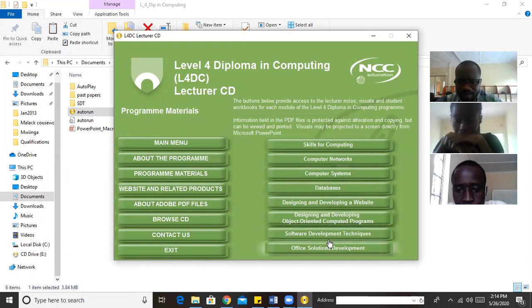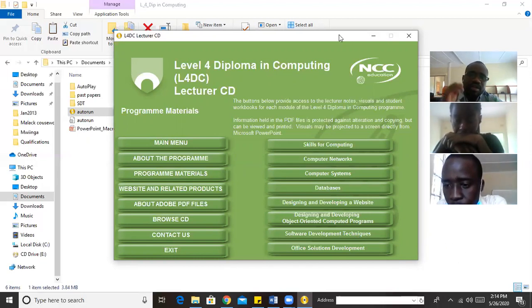The 4th one was supposed to be software development techniques, but now since exams will be in September, you are supposed to do all the 8. So that next year, you just start with level 5. Like that, you won't waste any time. In fact, your level 4 will be even shorter, isn't it?